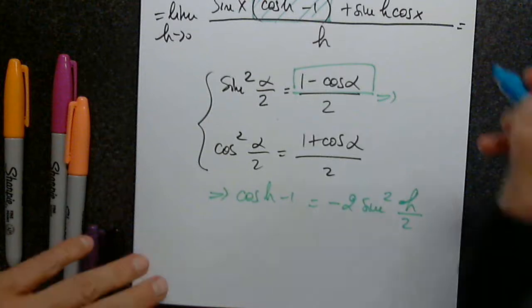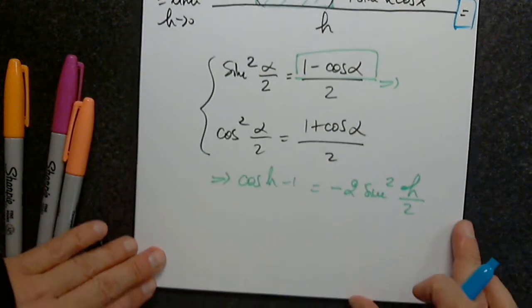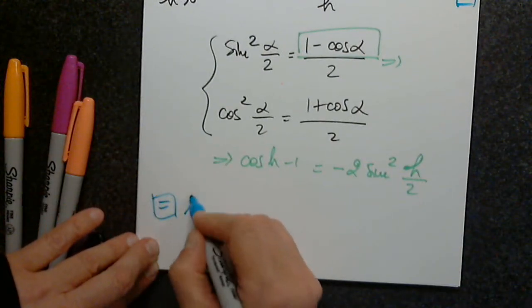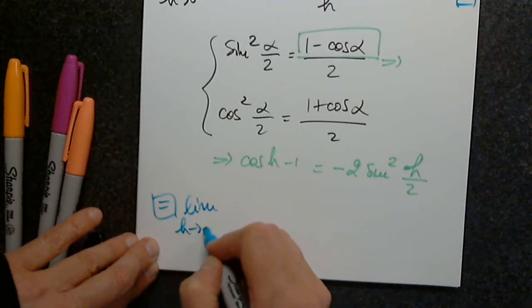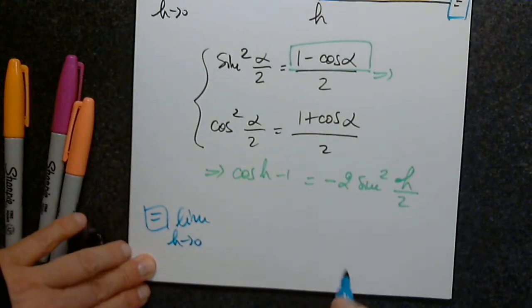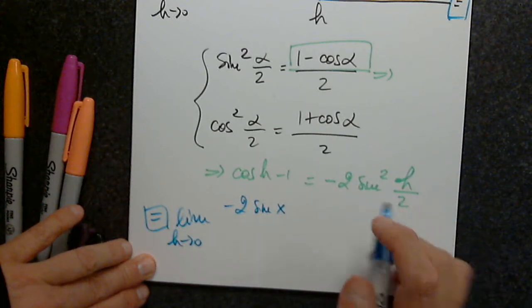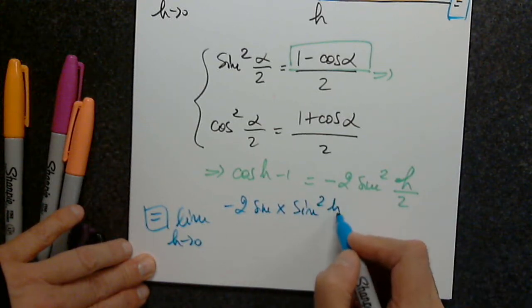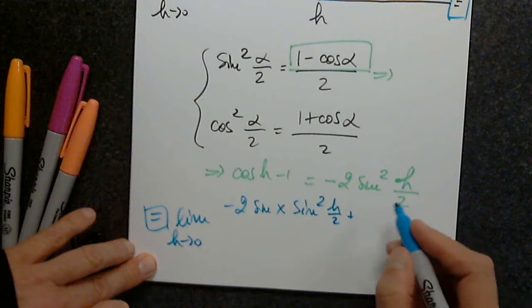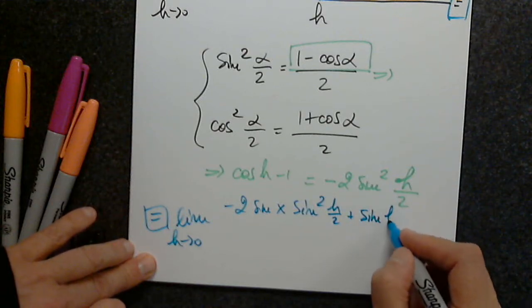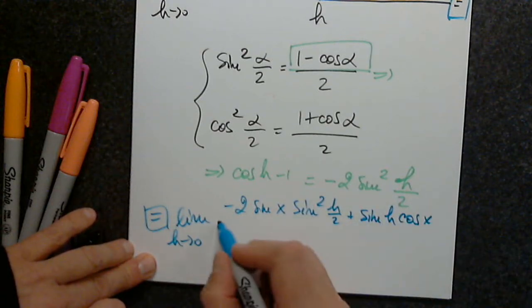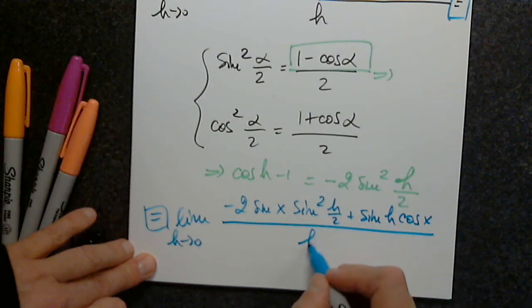So I go back now. Limit h approaches 0, -2 sine x sine squared h over 2 plus sine h cosine x, divided by h.